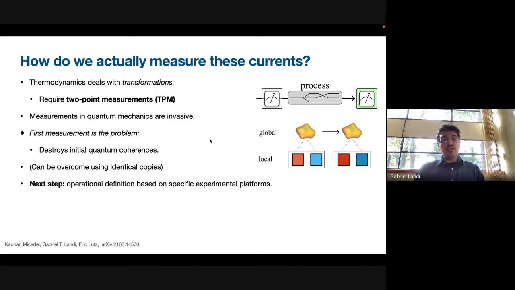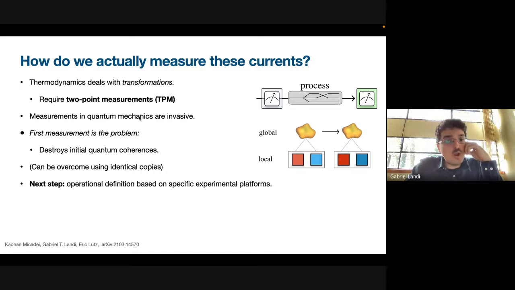When we say something like a heat current or a particle current, what is really meant is a change, a transformation from initial to final, right? So in order to measure that, we need to do two measurements. We need to measure once, then we do whatever thermodynamic process we want, and then we measure again. This is the standard way of assessing transformations, right?